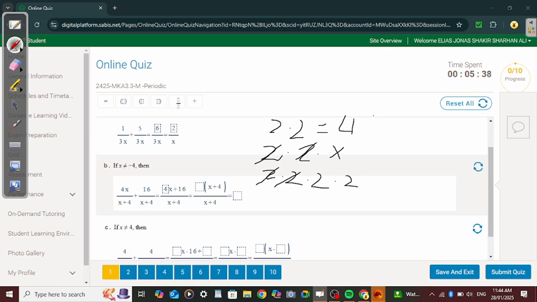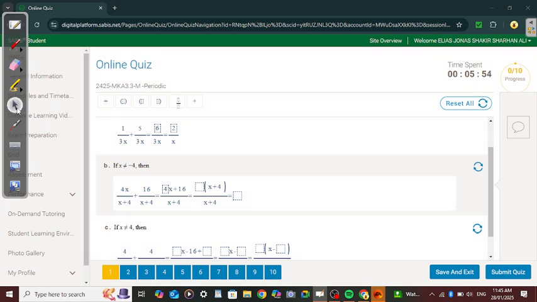And then inside the bracket, it's going to be x plus 2 multiplied by 2, which is going to be 4. That gave us that. So the greatest common factor will be 4. And then they cancelled out the x plus 4 from the numerator and denominator, and the answer will just be 4.